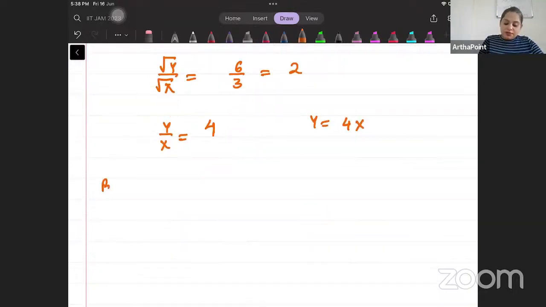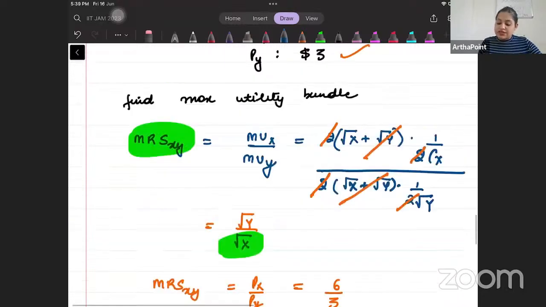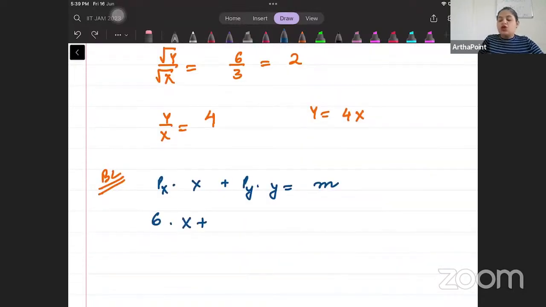What is your budget line? Beta, your budget line is PX into X plus PY into Y is equal to M. PX is given as 6 into X. PY was given as 3 into, instead of Y, I will write 4X. Income was given as 36.